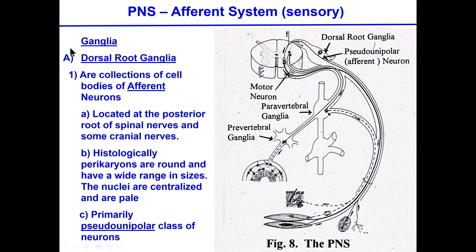In terms of the afferent system, one of the important components is, as I said, the dorsal root ganglia, located in the posterior part of the spinal nerves, and some of the cranial nerves. We will look into the origin of these things. As I mentioned earlier, most of the peripheral nervous system is made with pseudo-unipolar neurons.